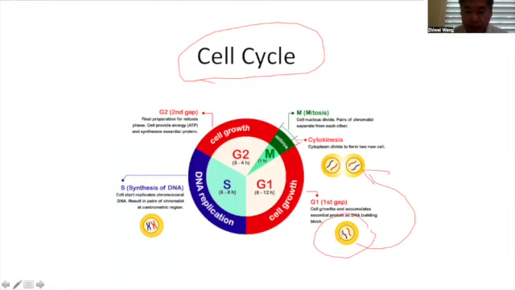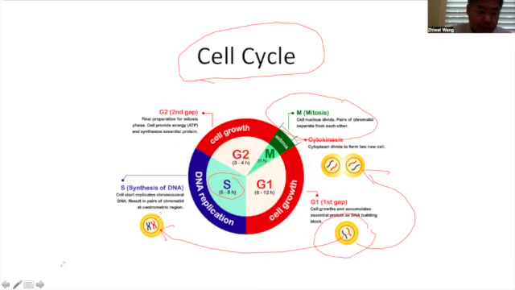DNA is the genetic material, and it is replicated in the S phase, or synthesis phase, of the cell cycle. So for new cells to divide, the DNA needs to be replicated first. Then the cell goes through the cycle and divides to form new cells through the process we call mitosis.